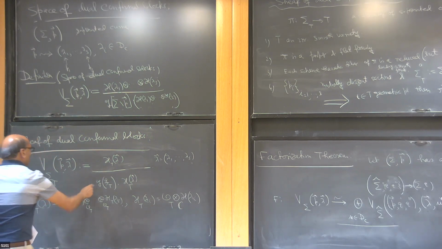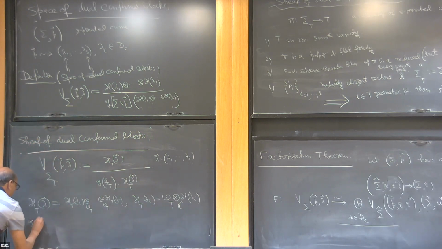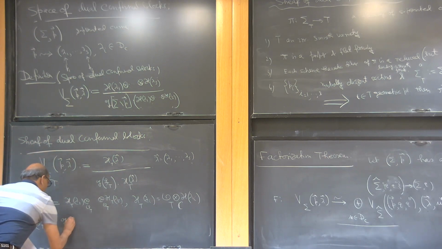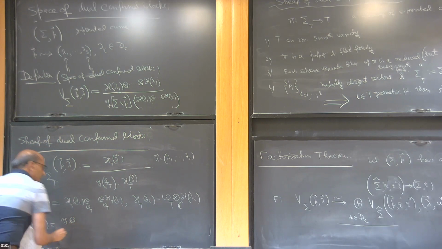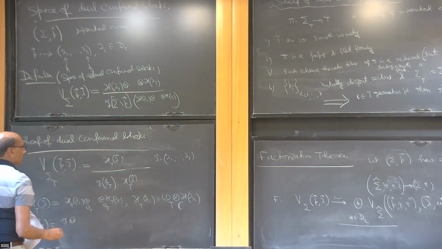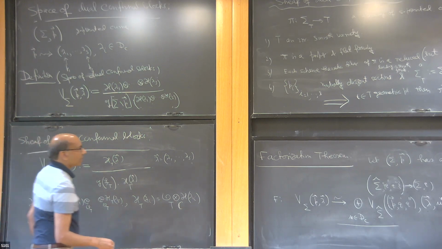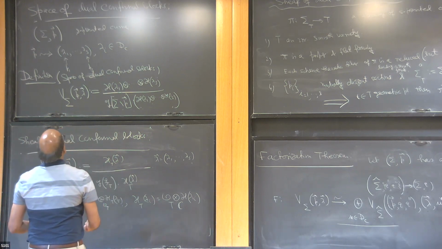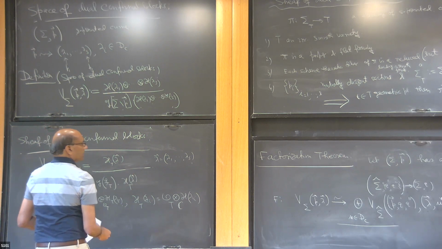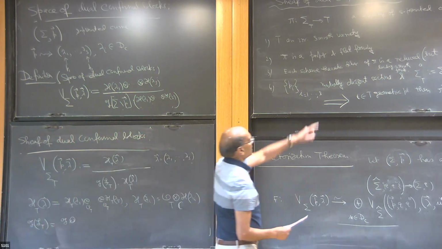Right. So what is g_T? So g_T is nothing but g tensor the affine coordinate ring of something removed. So I wrote it there. So I have this one, sigma_T^0.